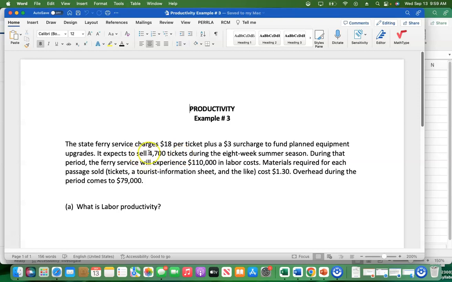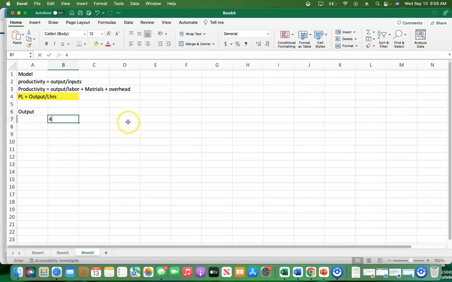And therefore, these are the units that this company is expecting to sell. And so here we have 4,700 units, or we can say tickets. Let me put in bracket units.